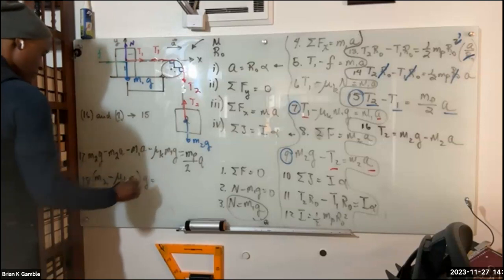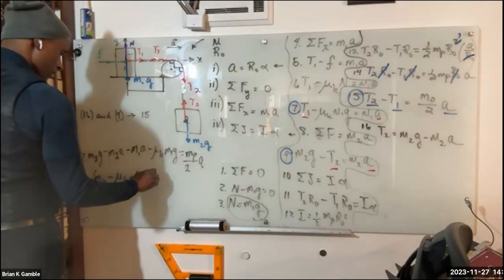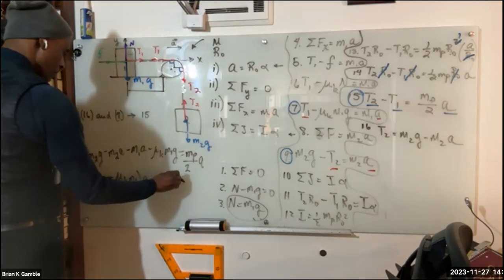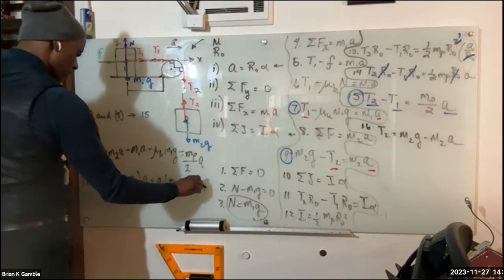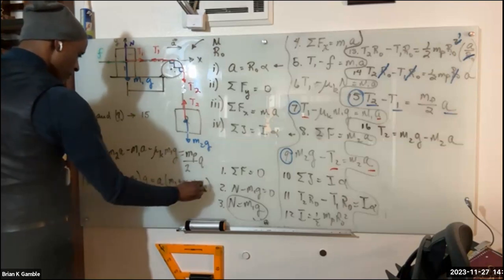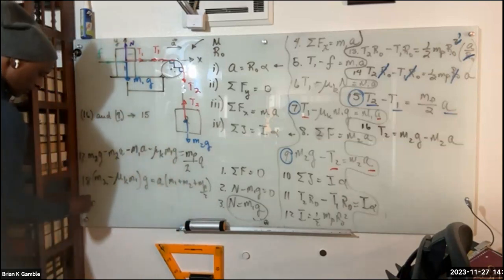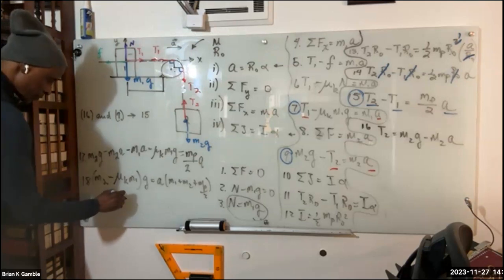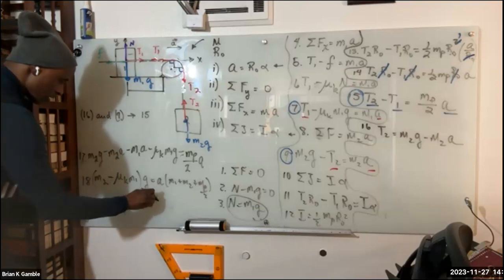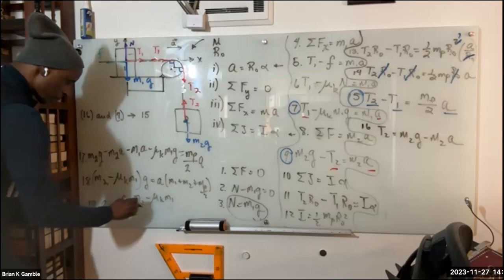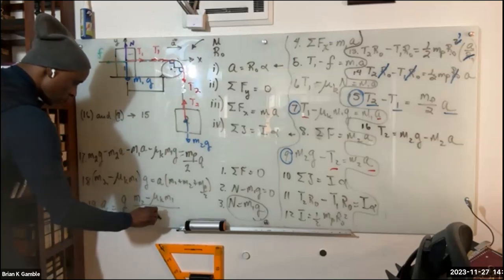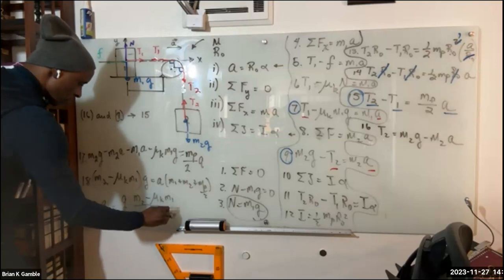times G is equal to, over the other side, I factor out an A, I have A times M1 plus M2 plus MP over 2. So that in the end, my acceleration A is going to be equal to G times M2 minus mu K M1, over M1 plus M2 plus MP over 2.